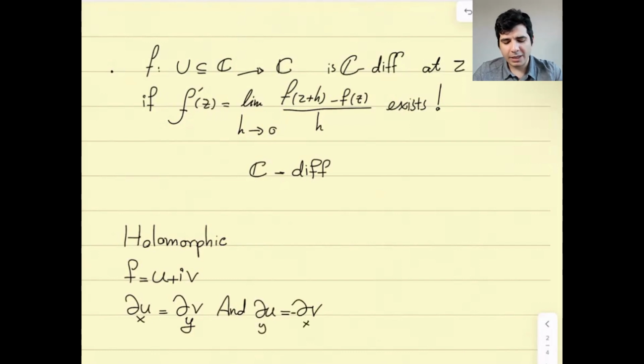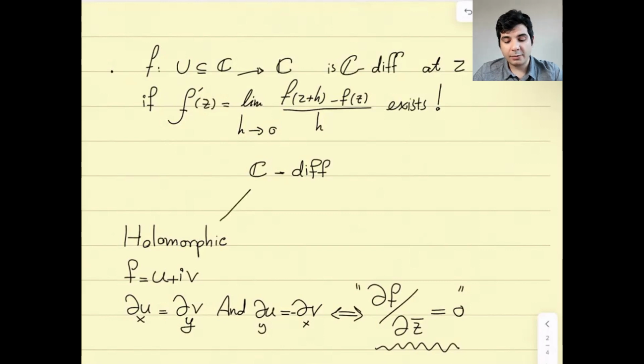We learned there is another way to do this, right? This is essentially equivalent to saying the derivative of f with respect to z bar vanishes. This was the more compact way to say f is holomorphic. If you've forgotten what this means, I recommend you take a quick look at the previous lecture.